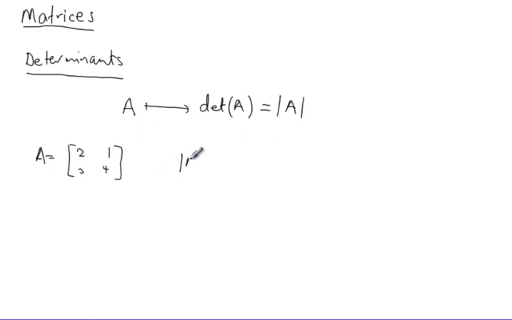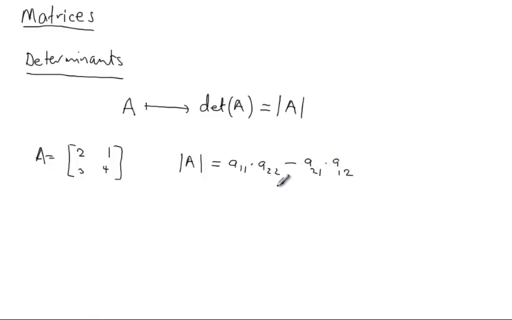Okay. So now, we want the determinant of A. I might use this notation or that notation, it doesn't matter. Now, how do you compute the determinant of A? You are going to use the entries of A to calculate that number. You're going to say A11 multiplied by A22 minus A21 multiplied by A12.